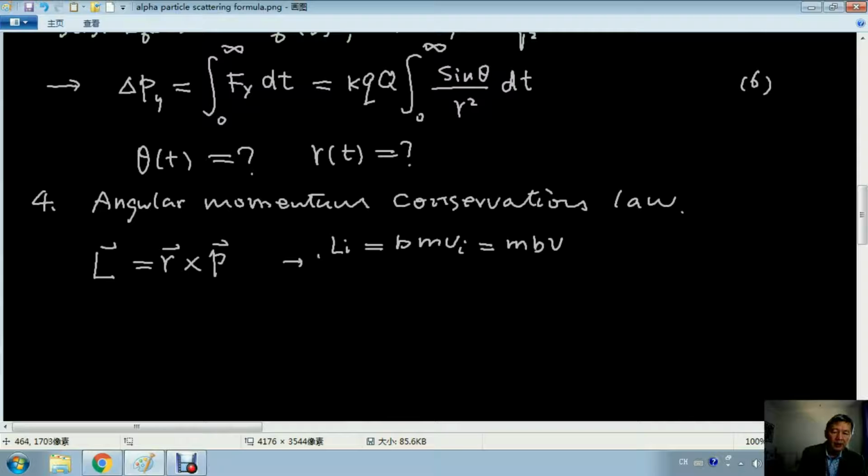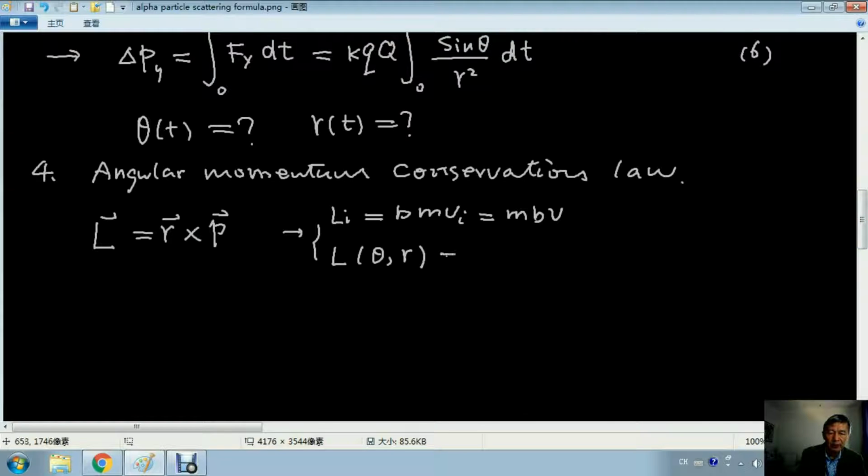How about the momentum at angle theta and distance from the origin r? That can be written as r times m r times theta prime, the first derivative of theta.